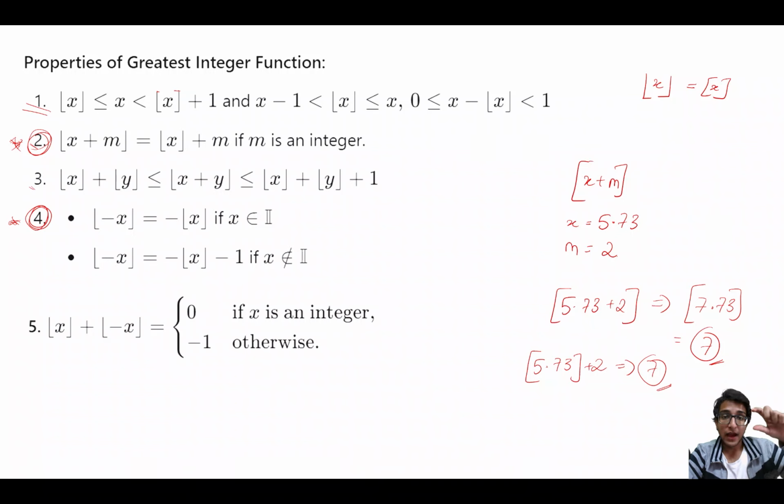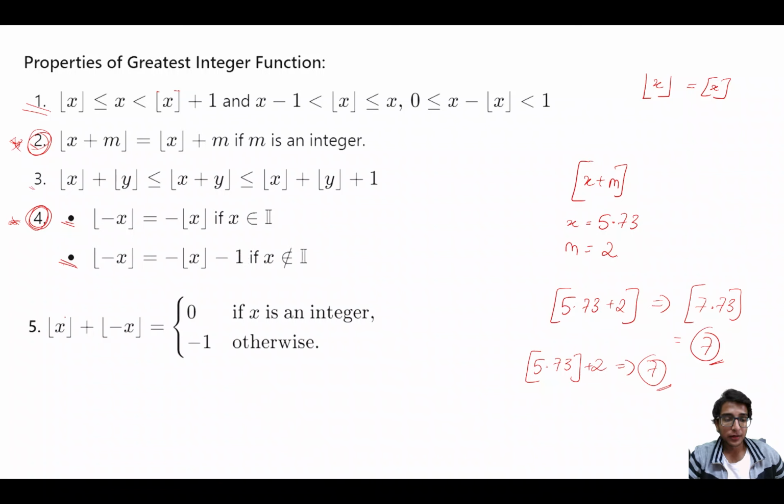Again, the value which is lower becomes our answer for the greatest integer function, right? So if we have 5.7, what is the lower value? 5, right? So that becomes our answer. Similarly, if we have minus 5.7, what is the lower value? Minus 6. So that would become our answer. So keep these 2 points in mind as well.